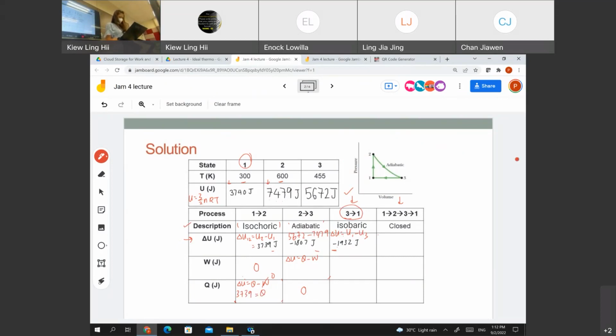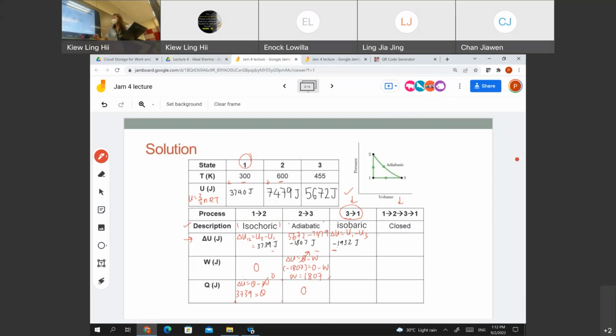Okay, so how about work done for 2 to 3? Same method, using the first law of thermodynamics. So plug in your value. Since Q equals 0, then 0 minus W, so your work done is 1807.